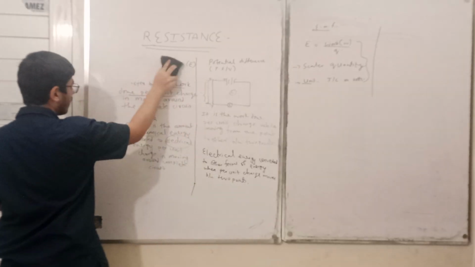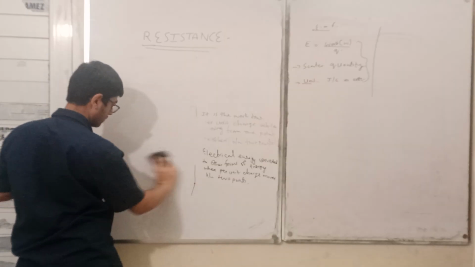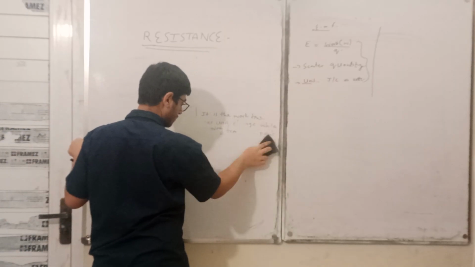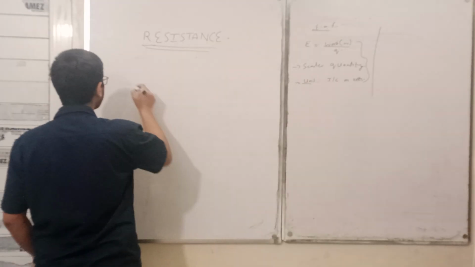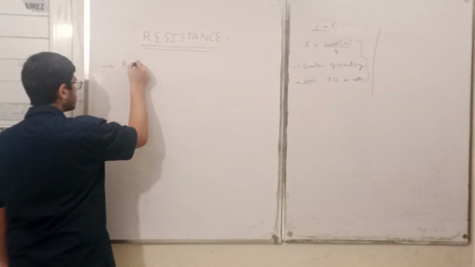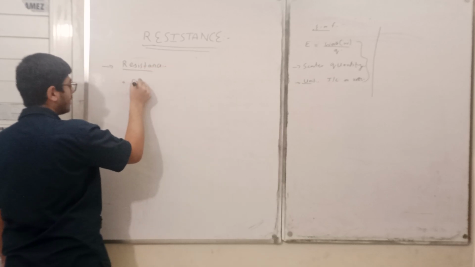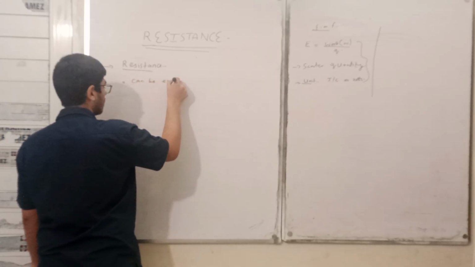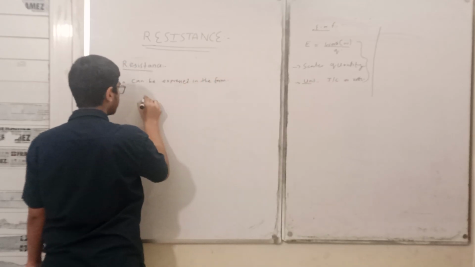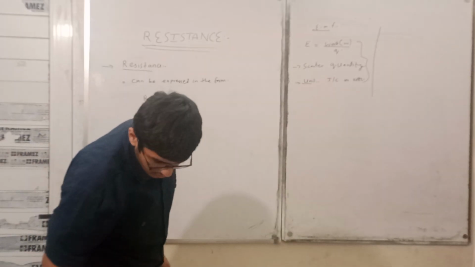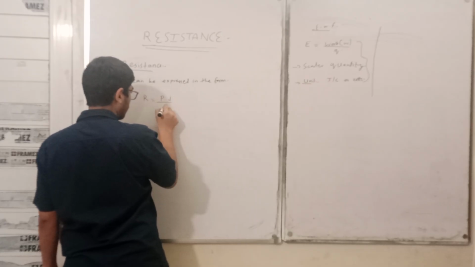Now let us study resistance. Resistance can be expressed in the form R is equals to potential difference divided by per unit current.